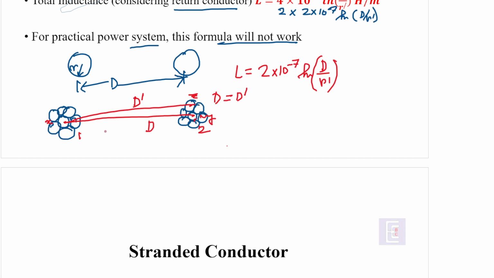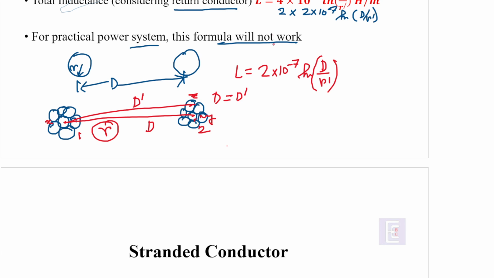Again, for the same conductor, we have plenty of conductors, and everyone has its r. Although they are equal, in case they are not equal, which r should be taken? So this formula will not work.